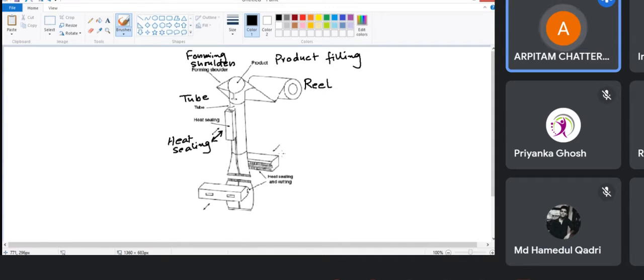And then you have this arrangement which is a heat sealing and cutting. And here also you have these two arrows which basically tell the same thing, that they come together to make the seal and cut. Again they go far, again they come, so like this way, and this is what finally you get. Okay, this is the packed product actually.